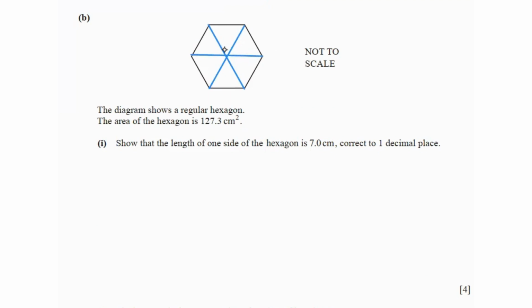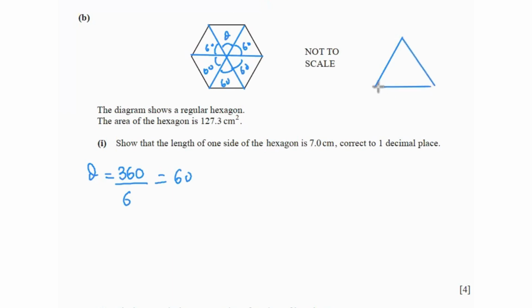So for this angle, I'm going to do 360 divided by 6 because there's 6 triangles and that's 60 degrees, which means all of these angles are 60.